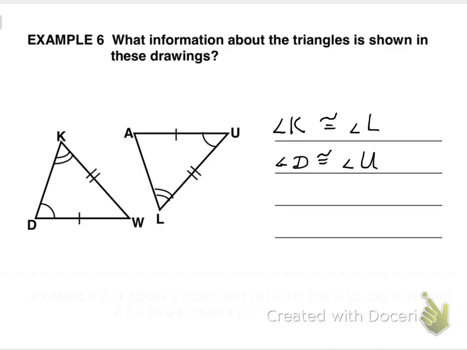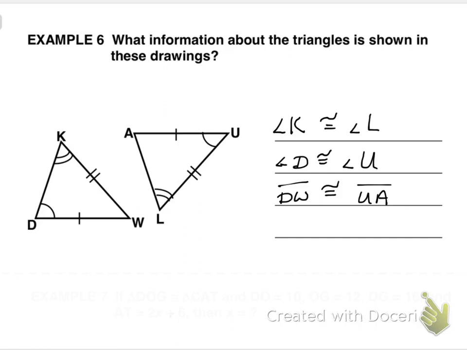What can we get that is given when we're doing a proof? Remember, we start with what's given. So what's marked is what's given. So side DW is congruent to side UA. Again, go from the corresponding angle to the other angle.